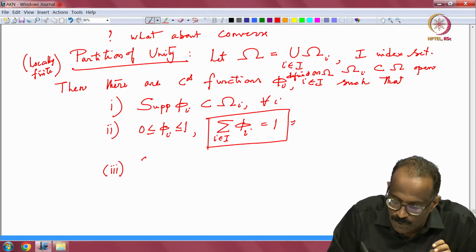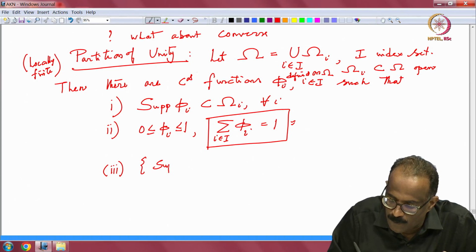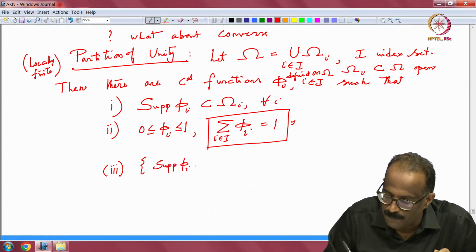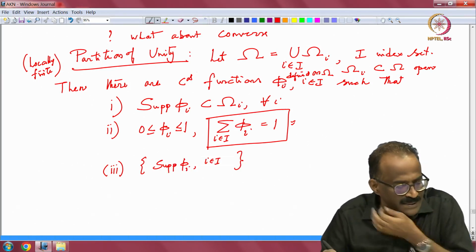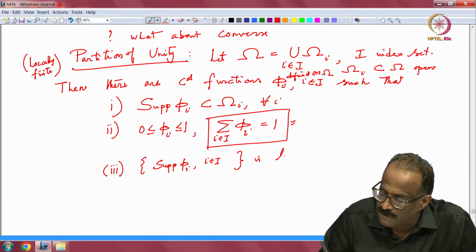That is, the supports of phi_i, which are all compact sets in Omega, i in I, are locally finite.